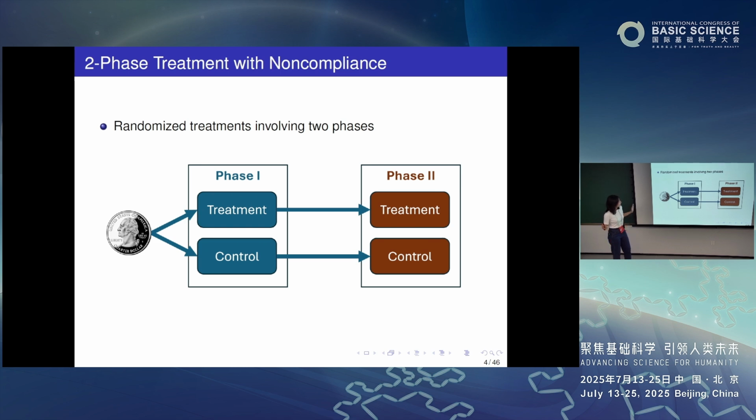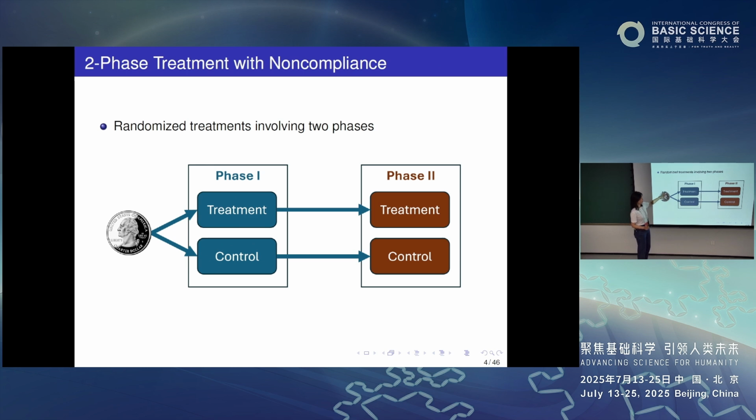Ideally, subjects receiving treatment continue to receive the treatment at phase 2, and subjects receiving the control continue to receive the control, so that the comparison between the sequence of receiving treatment and the sequence of receiving control is easy because of the randomization.